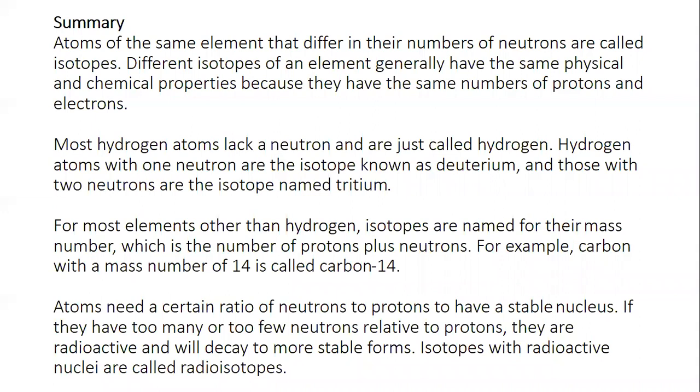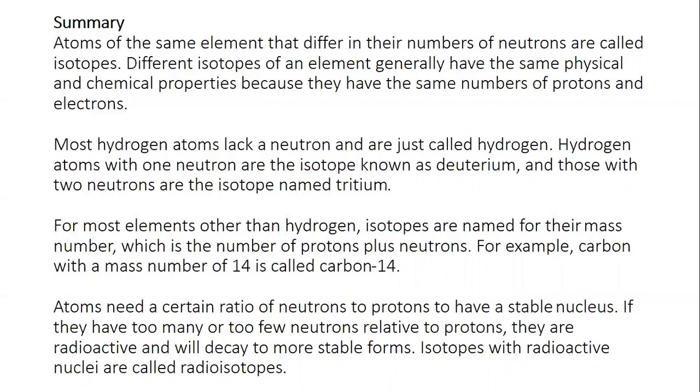So, in summary, atoms of the same element that differ in their numbers of neutrons are called isotopes. Different isotopes of an element generally have the same physical and chemical properties because they have the same number of protons and electrons. Most hydrogen atoms lack a neutron and are just called hydrogen.